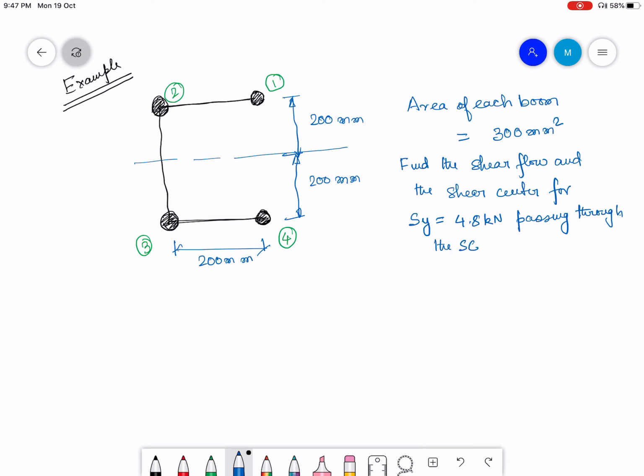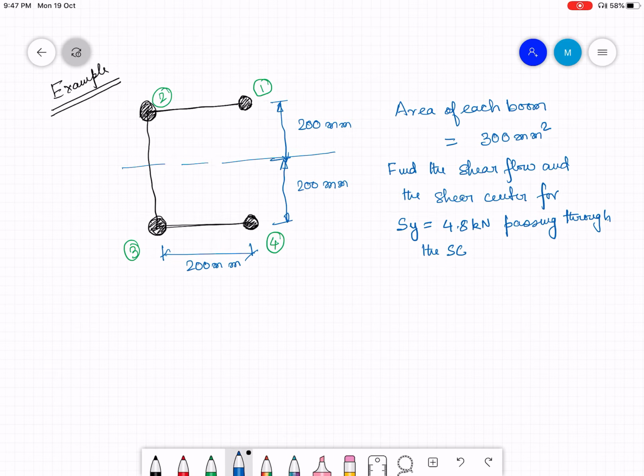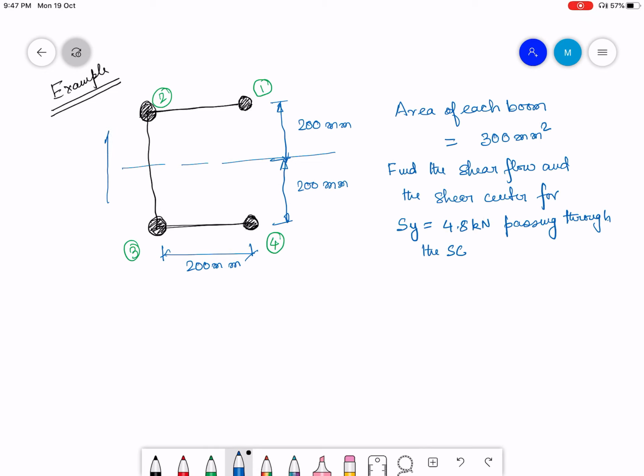So I have a shear force Sy, which is equal to 4.8 kilonewton, and it is passing through the shear center. So this is the shear center, and I have to find the position of the shear center, which let us assume is zeta from the outer web.